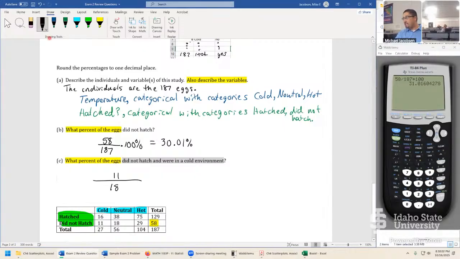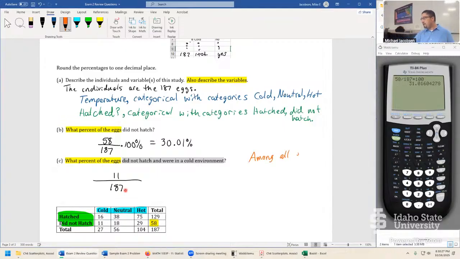That should have been the 187, 11 dividing into that. What tripped me up was reading this wrong, thinking it said what percent of the eggs did not hatch and were in a cold environment. How could we make that be 58 down below? I think the wording would have to go like this. To put a 58 in the denominator, my wording must say among all eggs that did not hatch.